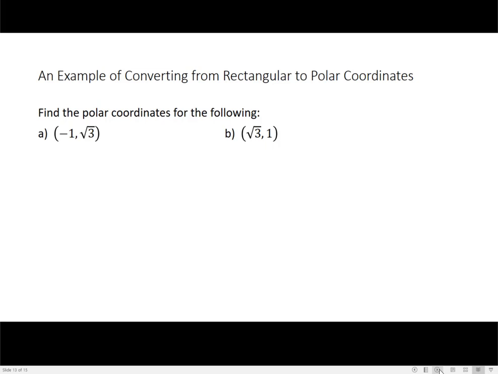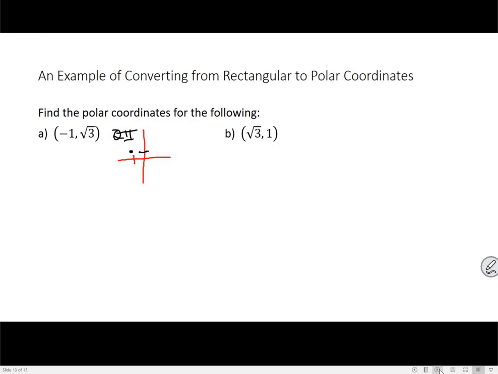I know that this is going to be in quadrant 2 because my x is negative and my y is positive. But just to be meticulous, my x is -1 and my y is the square root of 3, so it's going to be somewhere right there. So this is in quadrant 2.